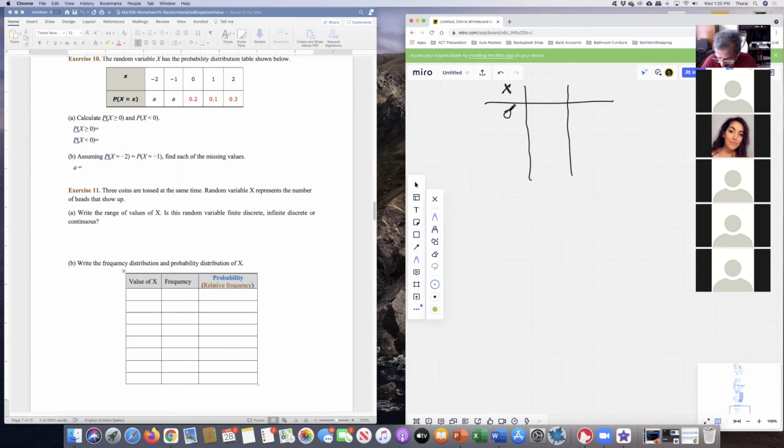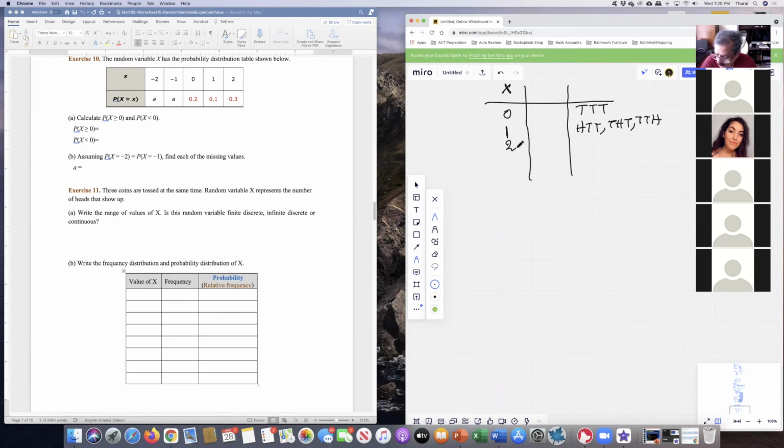Agree with that? Yes. We are tossing a coin 3 times. So what outcome will give you x equal to 0? Tails, tails, tails. And the random variable can be equal to 1, and that means one head showing. That can be HTT or THT or TTH. That's it, right?